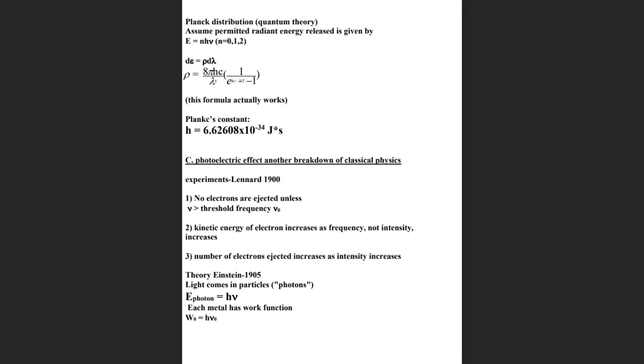Coming to the top of the next page. The problem with this was fixed by a scientist known as Max Planck, whose last name I'm sure you've at least heard.